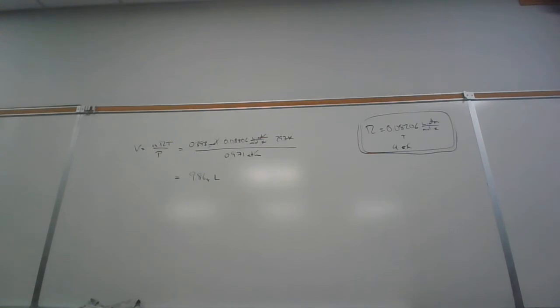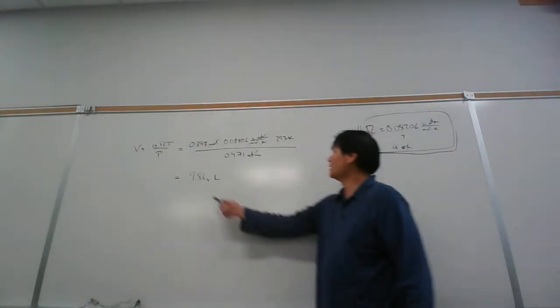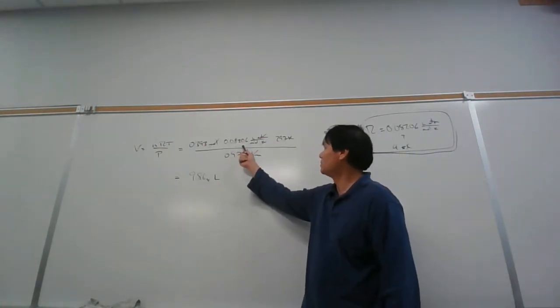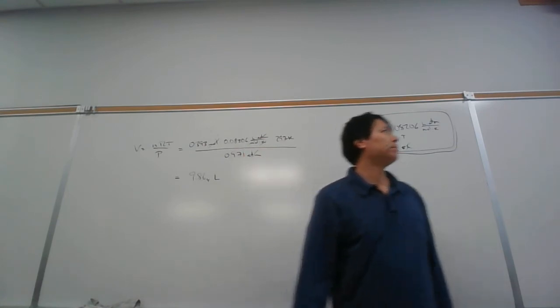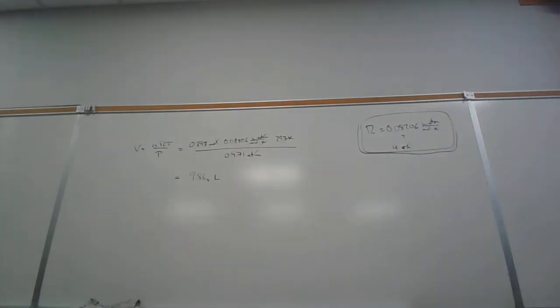So let's see what they got. They got 9.87 liters, because the R value they're using is to 3 sig figs. If you look at the R value that they use, 0.0821.